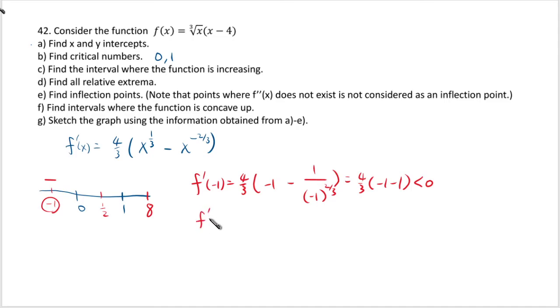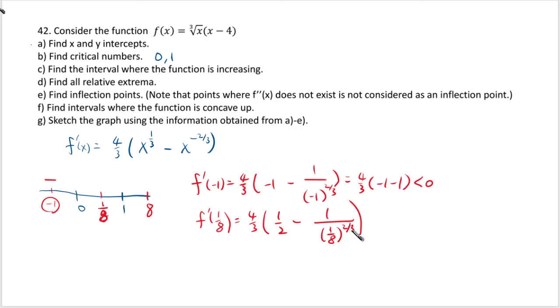f prime of positive 1/2. Oh, that tells me I would actually like to have 1/8 rather than 1/2, because the cube root of 1/8 is 1/2, and that's easier for me. Okay, so let's do that. f prime of 1/8 is 4/3 times (1/8 to the 1/3 power, which is 1/2) minus 1 over 1/8 to the 2/3 power.